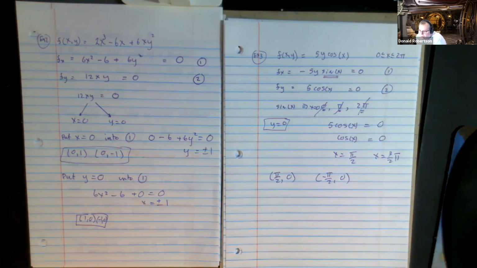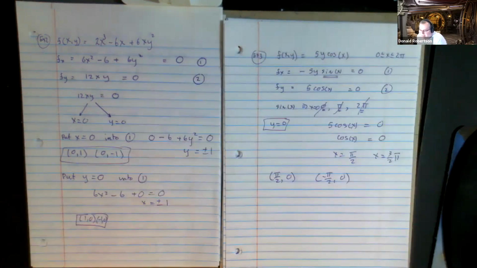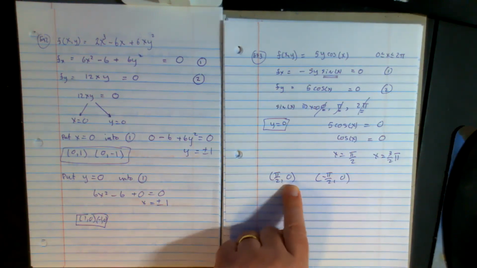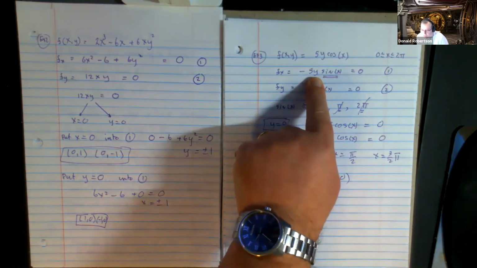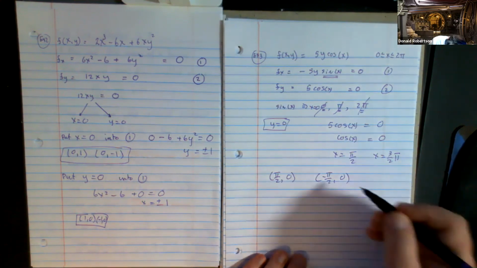Do you follow the logic of how I found those critical numbers? And the key to getting them is that both things must equal 0 at any given point. If you plug x is pi upon 2 and y is 0, in here you get 0, and in here you get 0. So I know it works. And if you do that one, you'll get the same. Why am I saying negative pi upon 2?